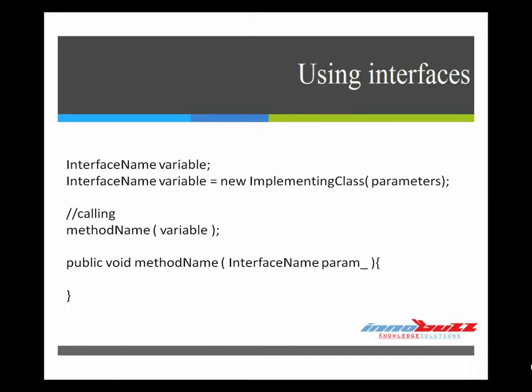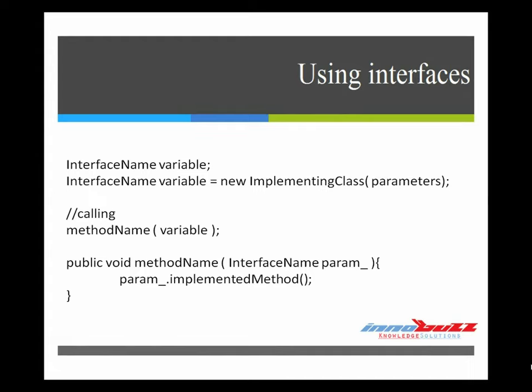So there can be many classes, and all the classes that implement this interface are going to be good for instantiating our variable. So we can pass it to the method. And inside the method, for example, we can use the param dot and all the implemented methods. So all the methods that were in the interface, all the abstract methods from there that were implemented in every class.